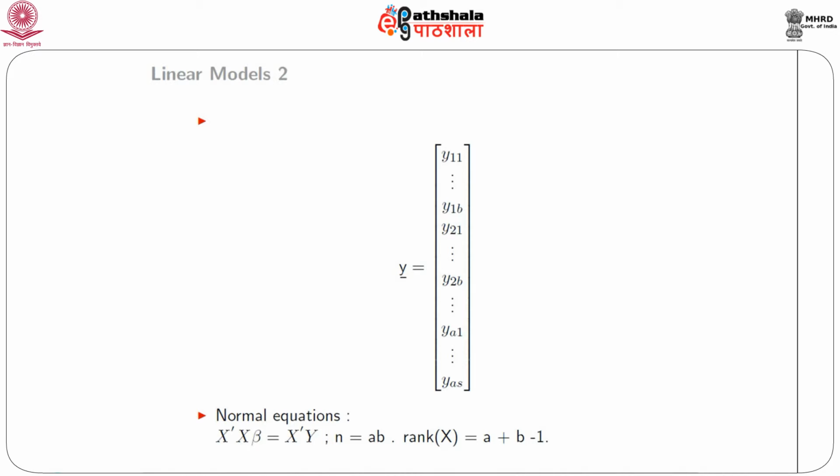Rank of X is a plus b minus 1. In case you are wondering how we got a plus b minus 1, I will just remind you that there are a plus b minus a, that is the rank of X.